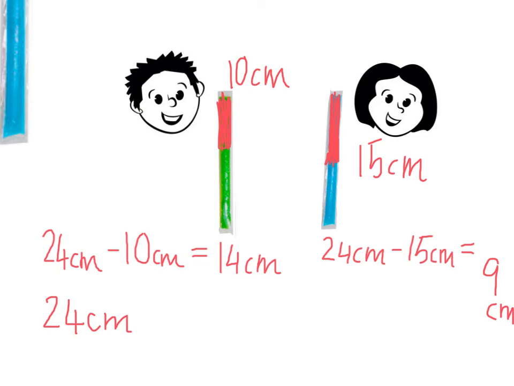Now I want to know the combined length of Mark and Mindy's ice block that is left to eat. So I would have to add Mark's amount that is left to eat to Mindy's amount that is left to eat to give me the combined length that is left for them to eat.